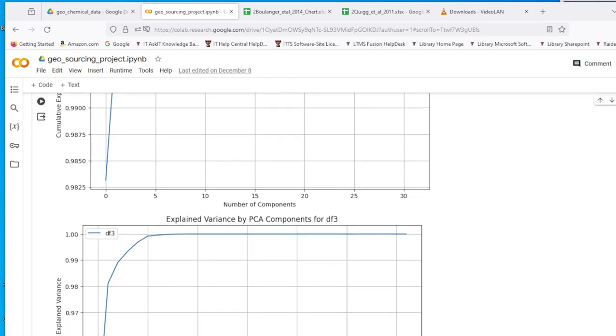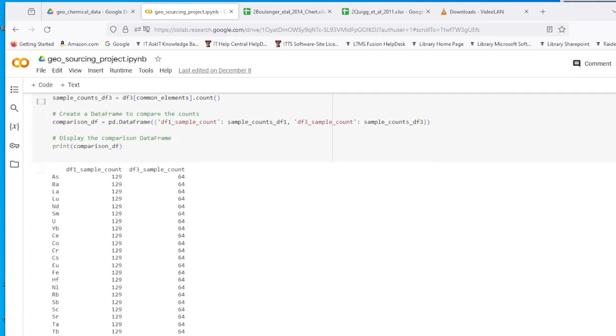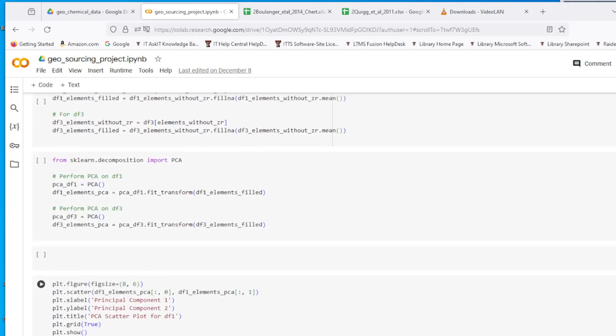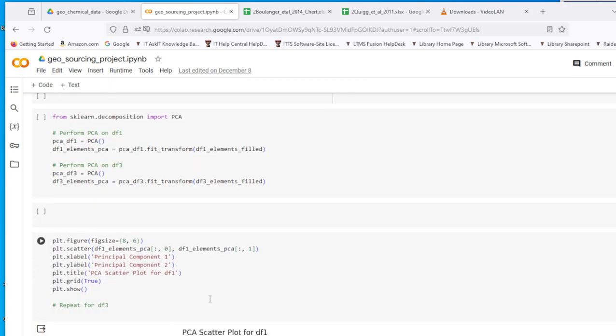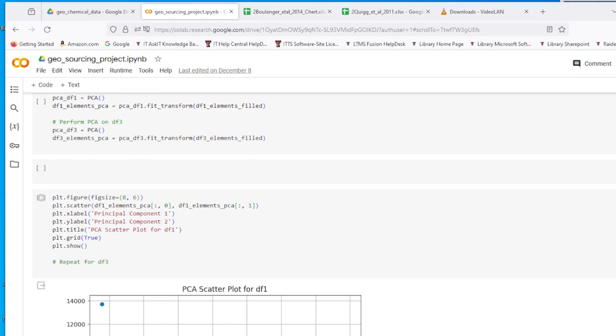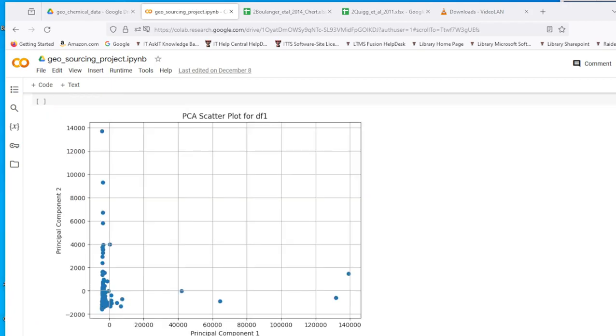There's a slight variation, but the ultimate goal was to render this in something that gave us clear distinction. This graph shows our first initial functional rendition of DF1, executing PCA on the data set.